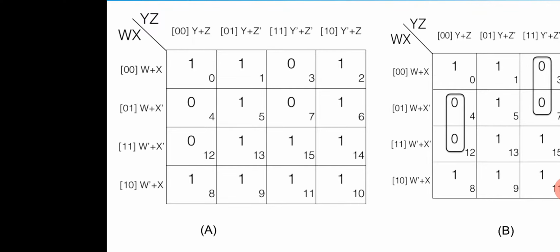Based on the boolean function given, by seeing the actual function, you can put the one in a particular square. Once you get the ones, the adjacent cells can be combined, or if you want a complete 4 ones in the adjacent rows or columns or squares, you can put a box to combine those bits. Once we combine, we will get the simplified boolean expression or function.